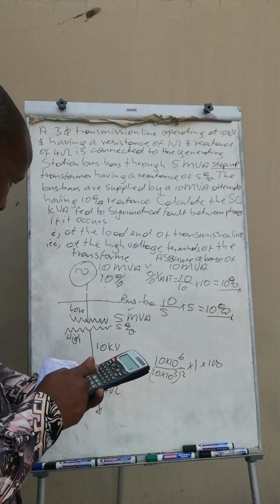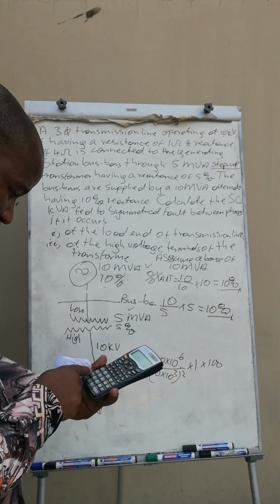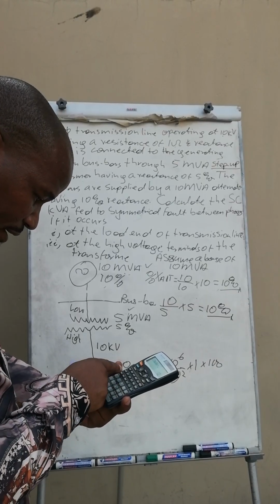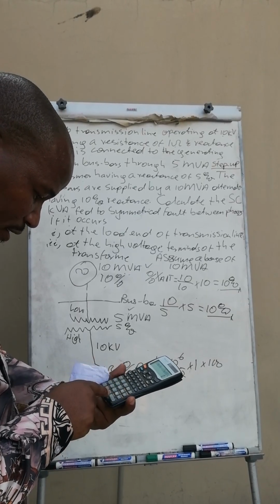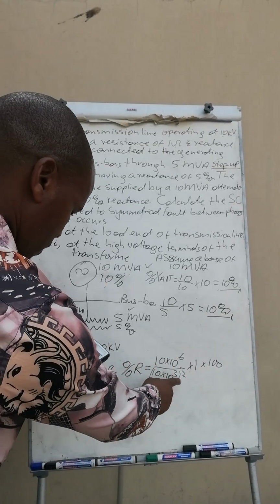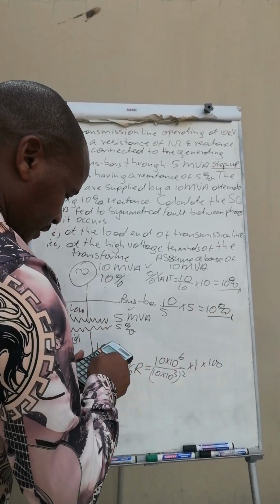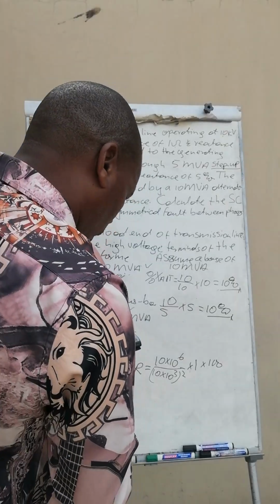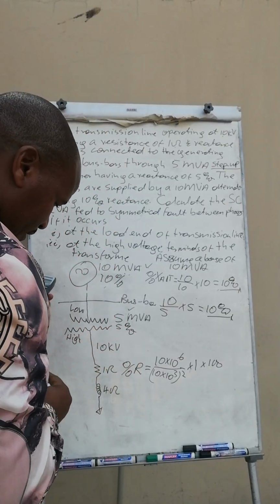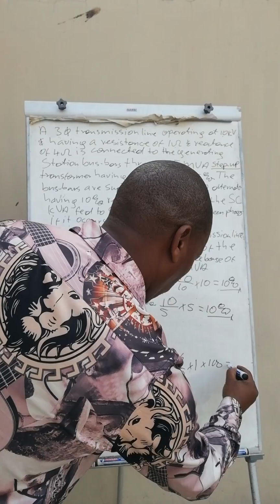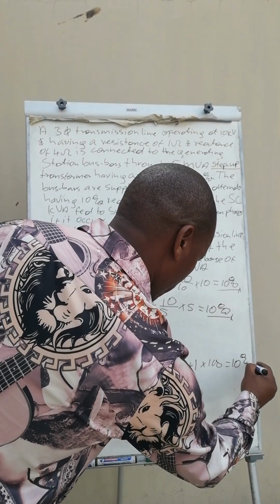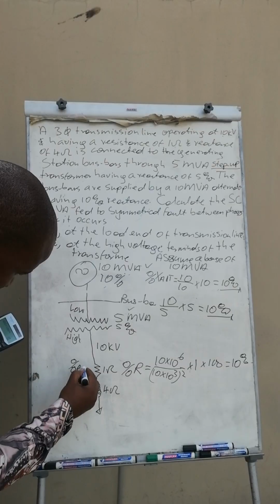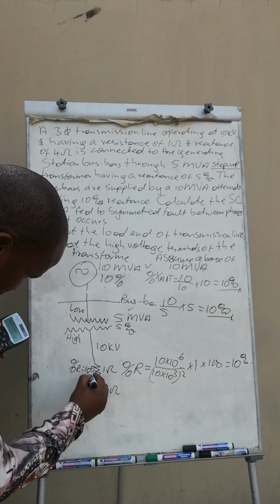It is 10 exponent 6 divided by 10 exponent 3 squared, multiplied by 1 is 0.1, multiplied by 100. It is equal to 10%. Here, percentage resistance is equal to 10%.